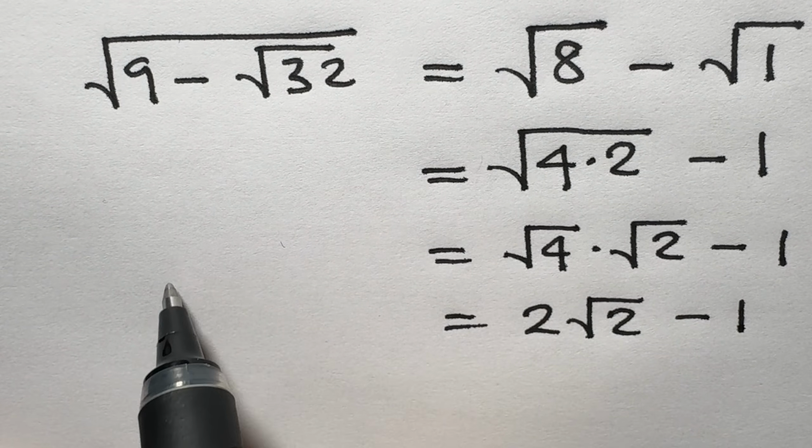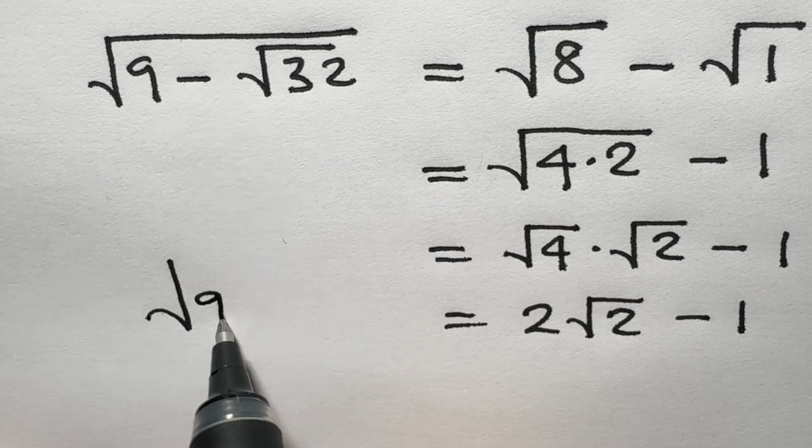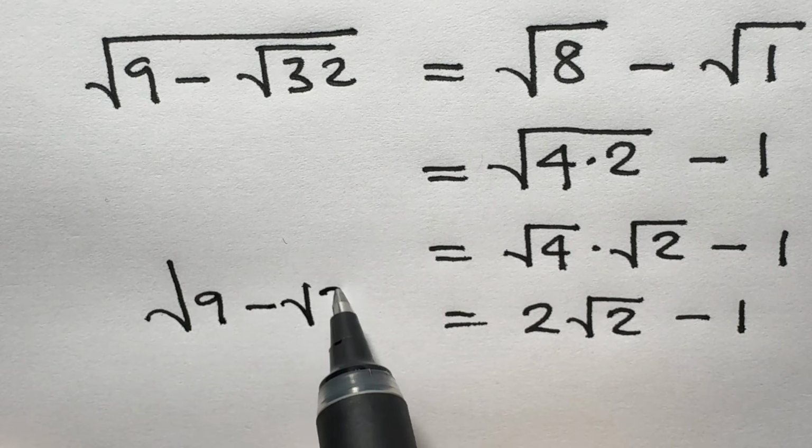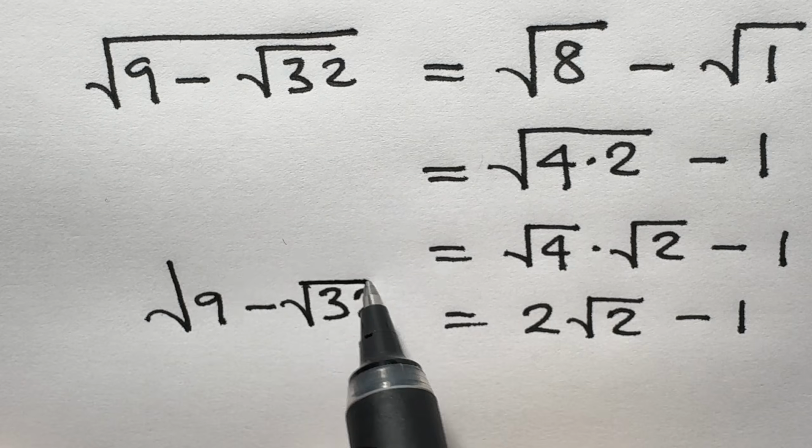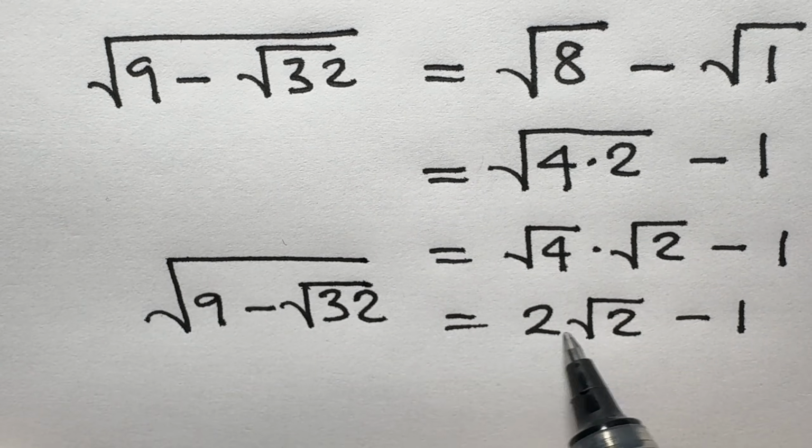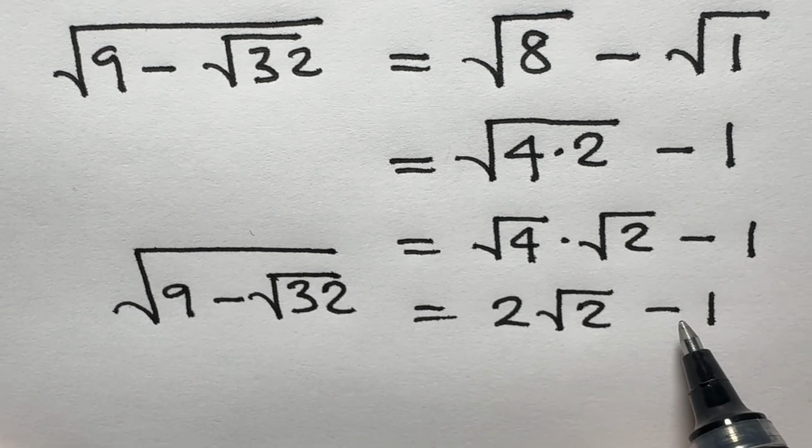Therefore, square root of 9 minus square root of 32 is equal to 2 root 2 minus 1.